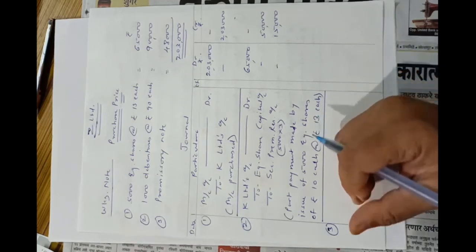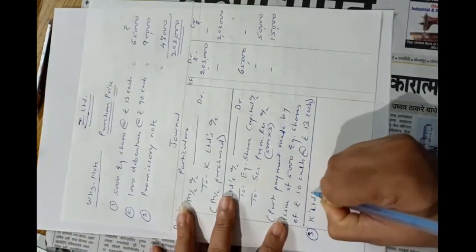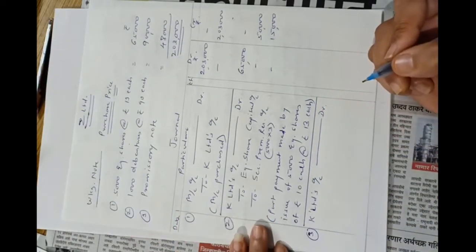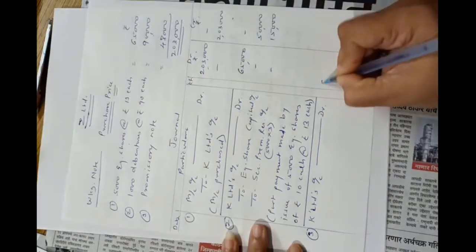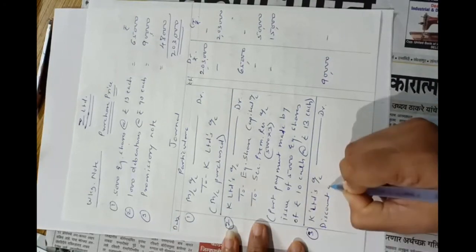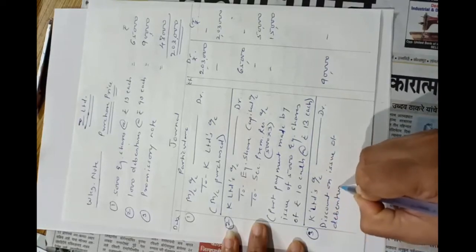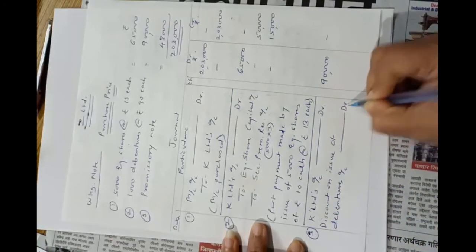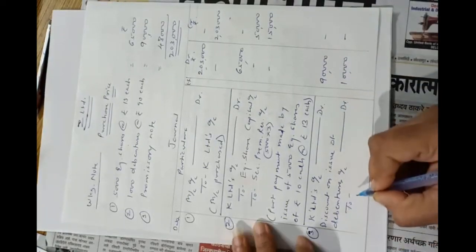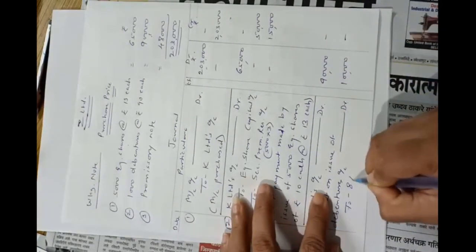Okay, so entry will be K Limited's account debit, payment made 90,000, discount on issue of debentures account debit 10,000, to 8% debentures account.